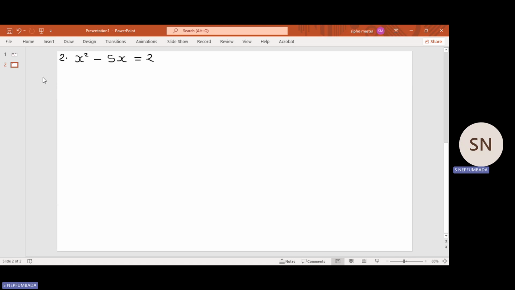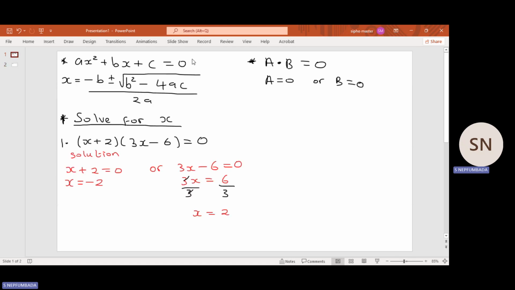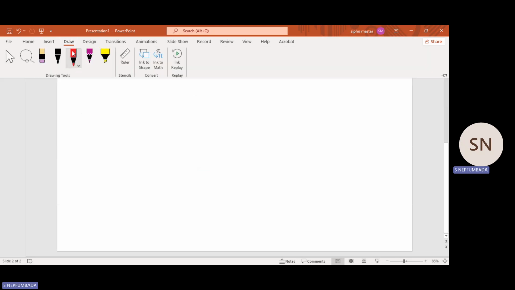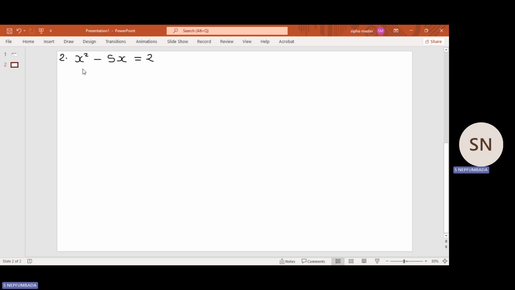By looking at that expression, you can see that this expression is in the form of this. This is our standard form, but remember our constant is at that side. So when we do our solution, we must make sure that we standardize the equation by putting it in a standard form. This is x squared minus 5x minus 2 equals 0.